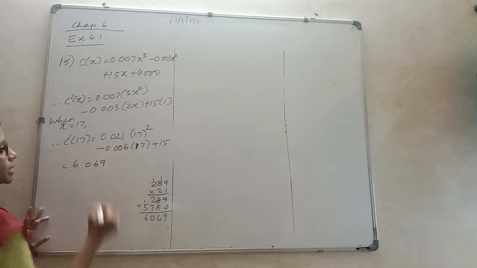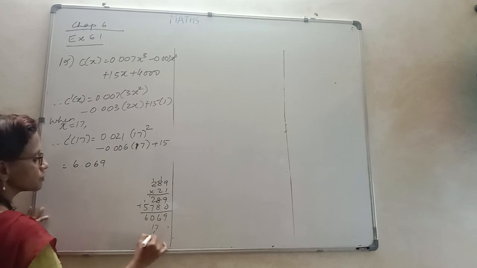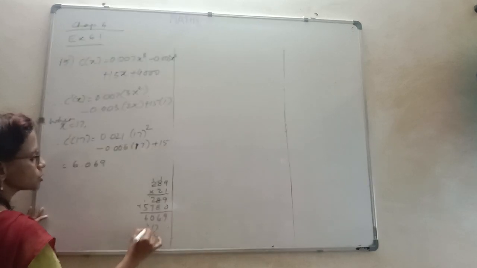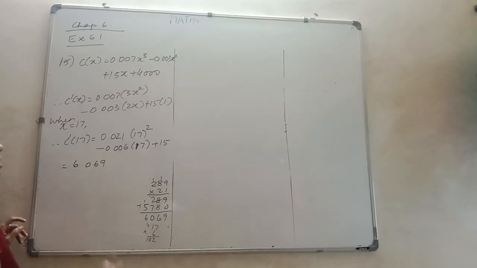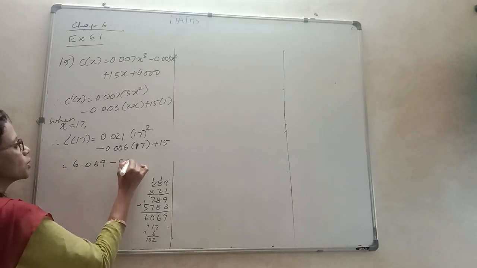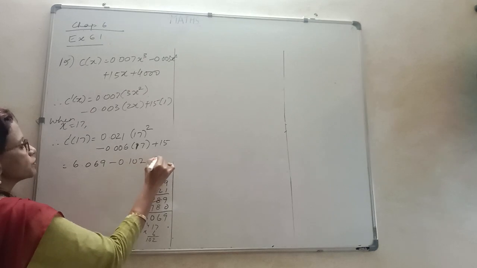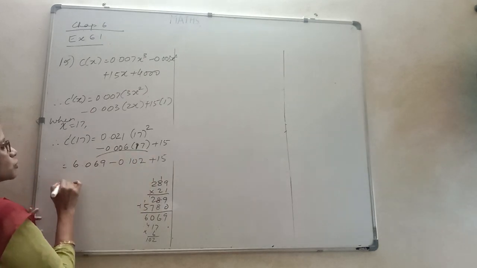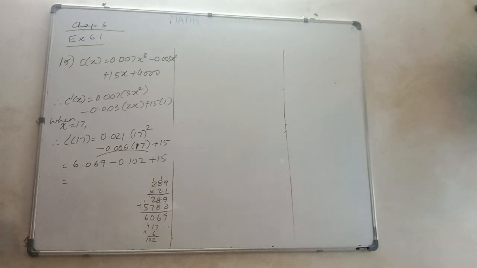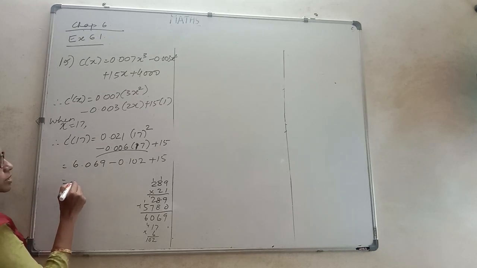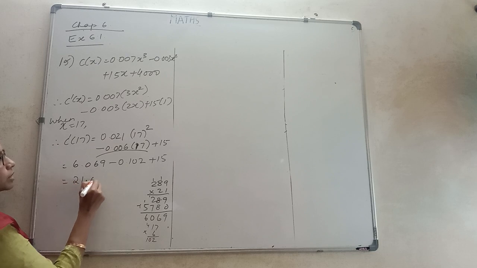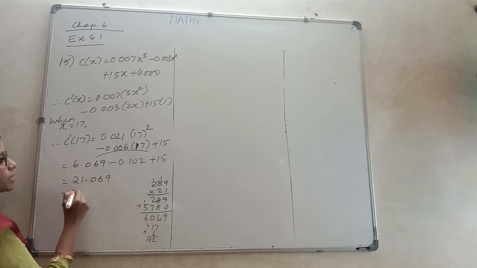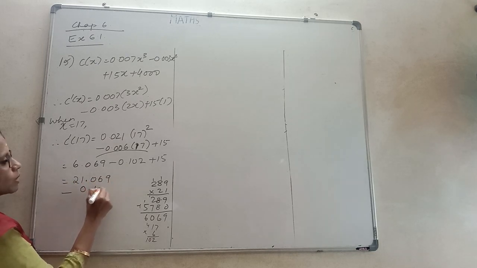You have to do 17 into 6. 6 7s are 42 and 10, 102. So 102 means it is minus 0.102 plus 15. Let's have this added. So 15 plus 6.069 will be 15 plus 6, it's 21, plus 0.069 minus 0.102.